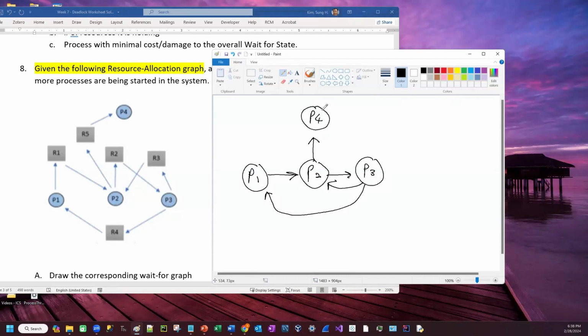Did we get everything? So P1, P2; P2, P4; P2, P3; P3, P2; and P3, P1. Okay, did everybody get this one?